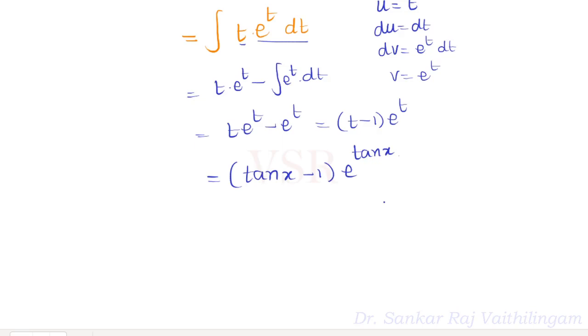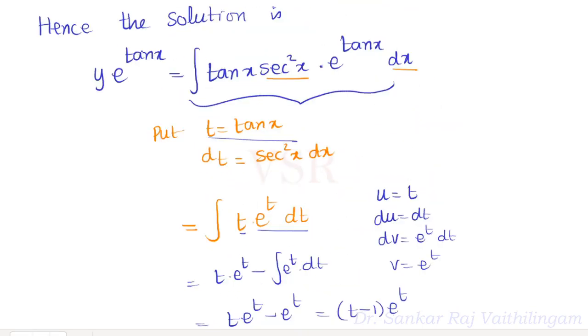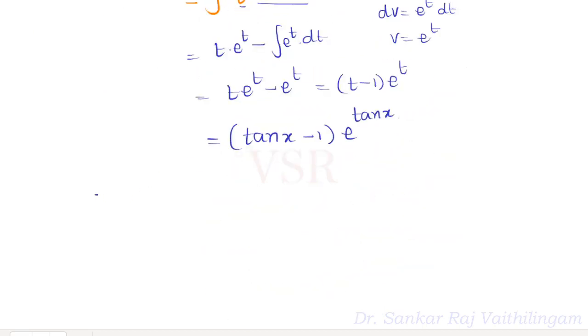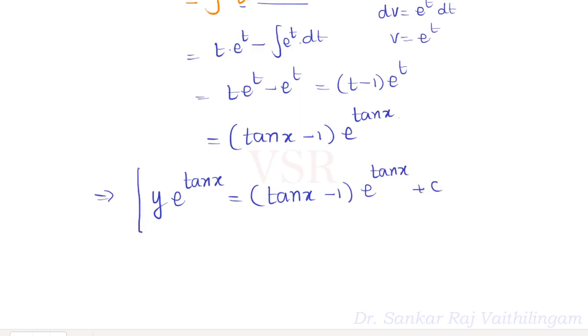Okay, so y e to the power tan x is equal to, of course, plus c இருக்கு. அப்போ y e to the power tan x is equal to tan x minus 1 into e to the power tan x plus c. Okay, this is my solution.